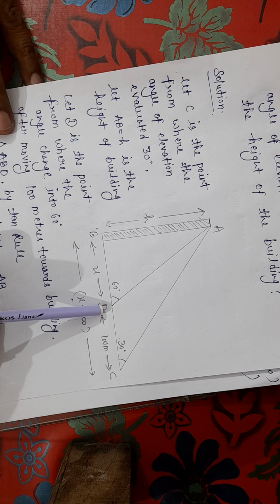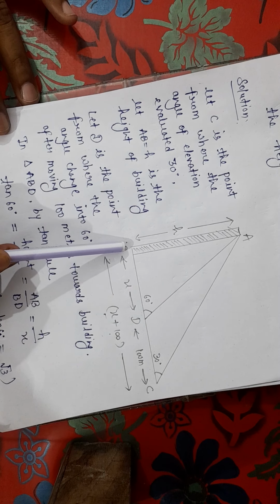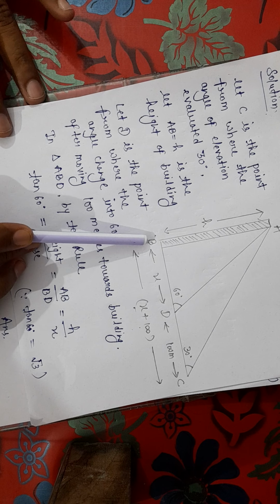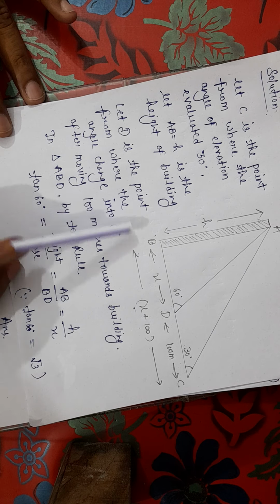Let C be the point from where the angle of elevation is 30 degrees evaluated. Let AB equal to h is the height of building. Let D be the point from where the angle changes into 60 degrees after moving 100 meter towards the building.